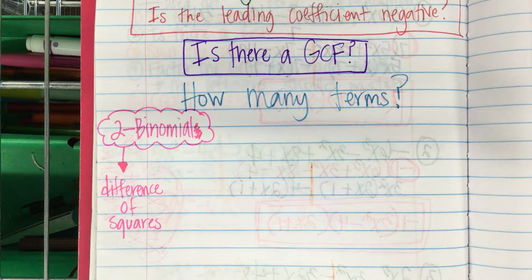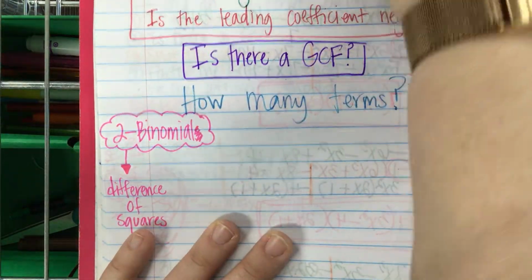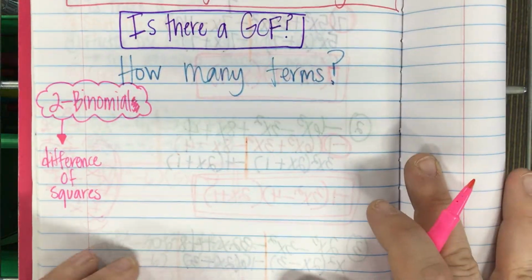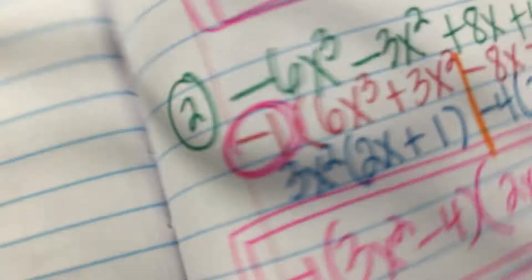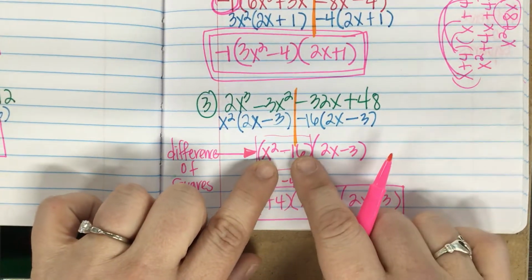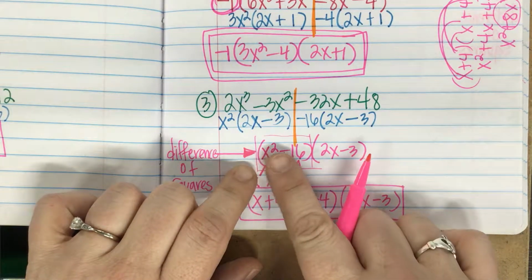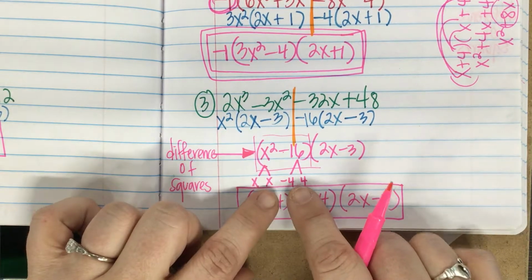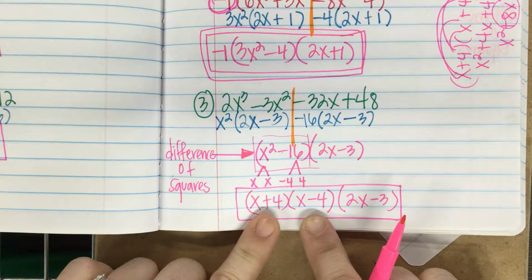What does difference mean? It has to be a subtraction problem. If it's addition, no more, we're done. It must be a perfect square minus a perfect square. If it's a perfect square minus a perfect square, we can factor it further.